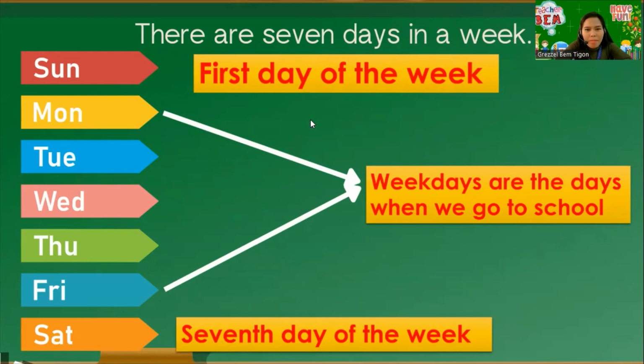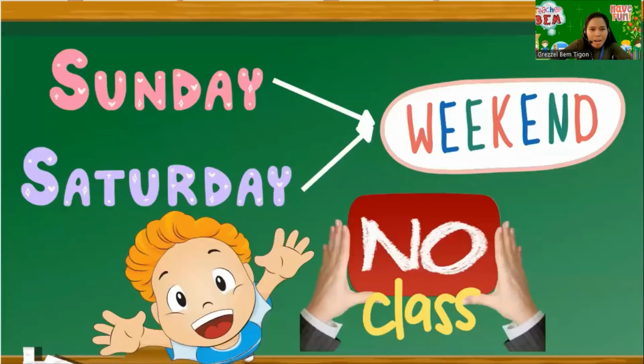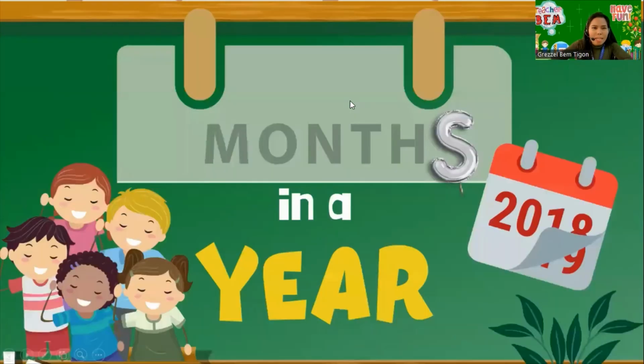We only have 5 weekdays, where we go to school: Monday, Tuesday, Wednesday, Thursday, Friday. And the weekends, which we don't have class, are Sunday and Saturday.